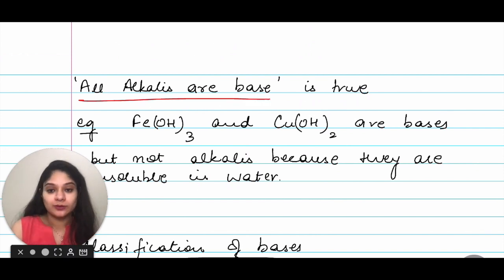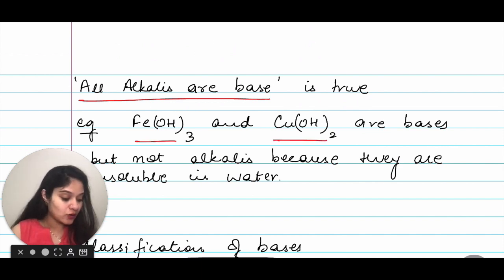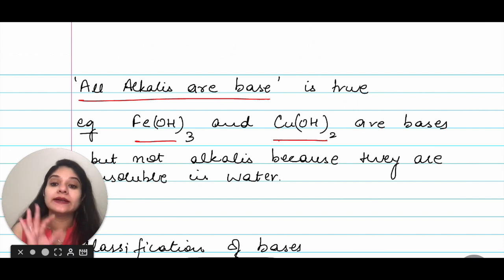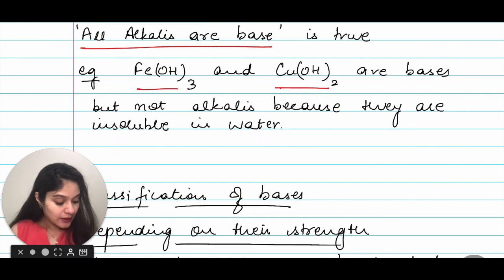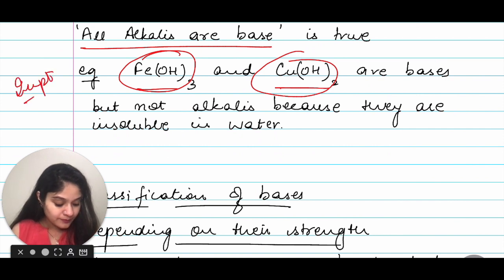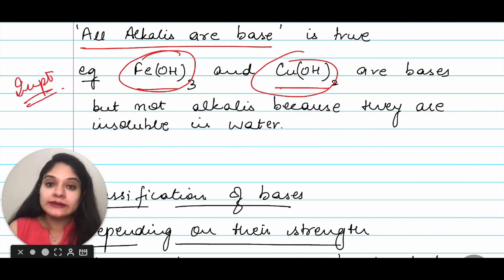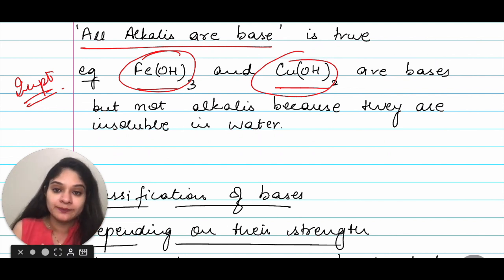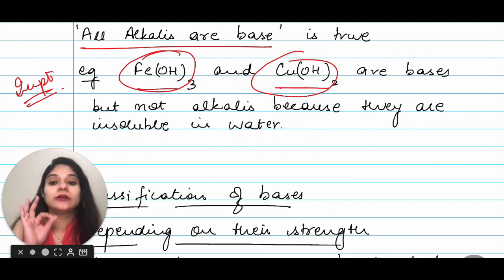An example you can mention in the explanation is that ferric hydroxide and copper hydroxide are bases which are not alkalis because they are insoluble in water. Extremely important to remember: all bases are not soluble in water, therefore all bases are not alkalis. So Fe(OH)3, that is ferric hydroxide, and copper hydroxide are bases which are not soluble in water.